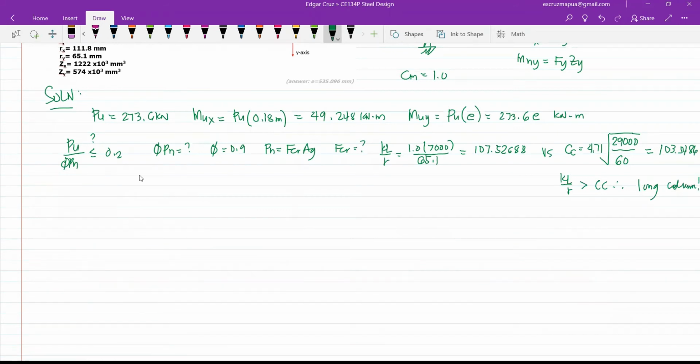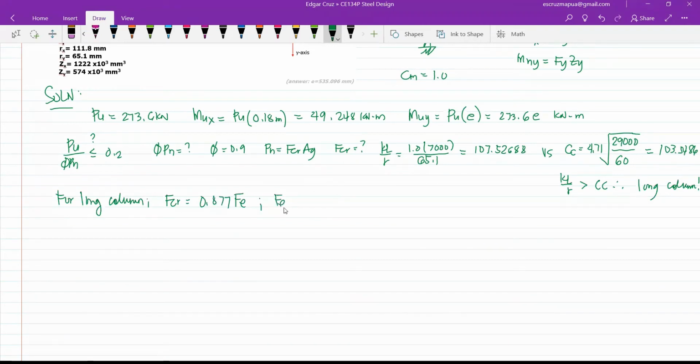Now, for long column, punta tayo dito. Ano ang FCR natin pagka long column? Diba yun yung 0.877 FE. Now, ano yung FE?